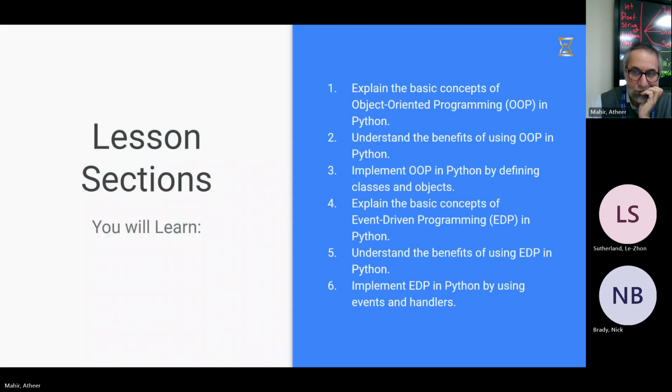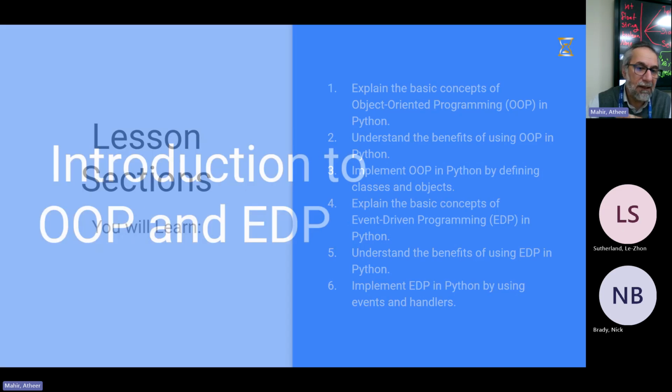So these are our sections. Explain the basic concepts of object-oriented programming, understanding the benefits of using object-oriented programming in Python, implement object-oriented programming in Python, and explain the basic concepts of event-driven programming.